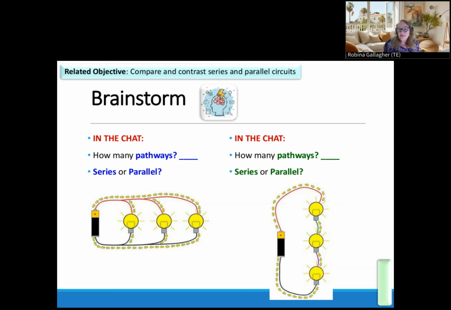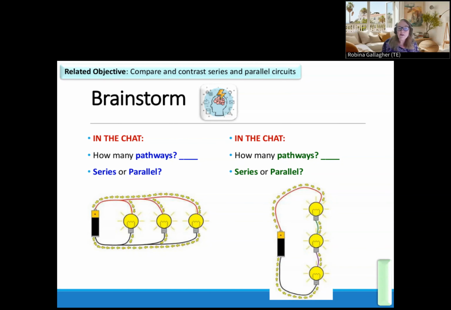There are 3 pathways. And Cooper, yeah, it's a parallel, right?